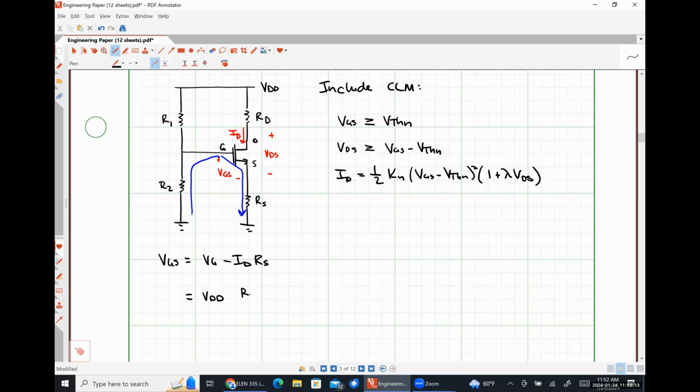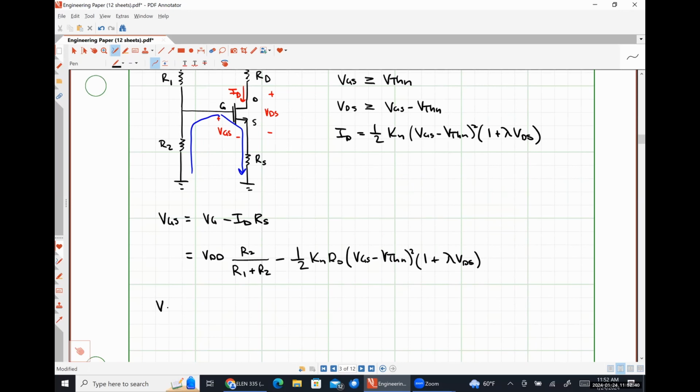VDD times R2 over R1 plus R2 minus 1/2 Kn RS (VGS minus VTHN) squared (1 plus lambda VDS).